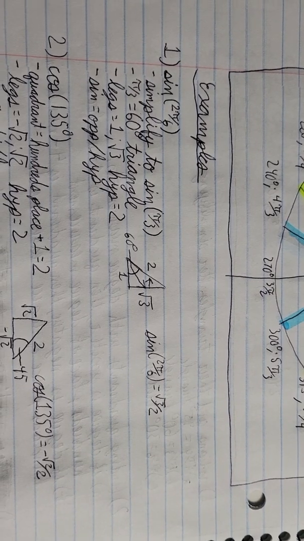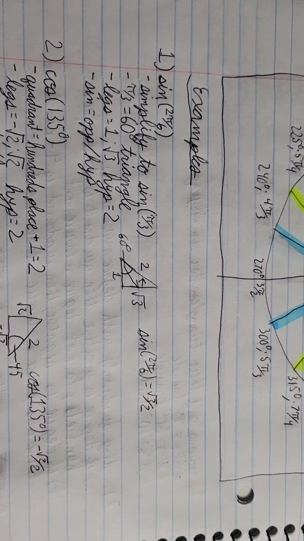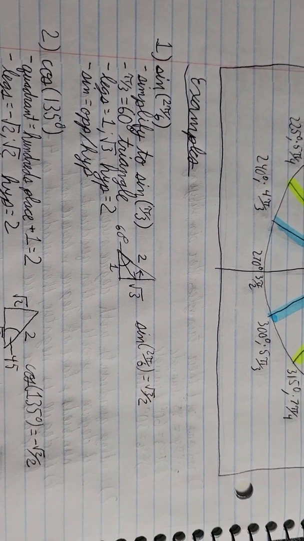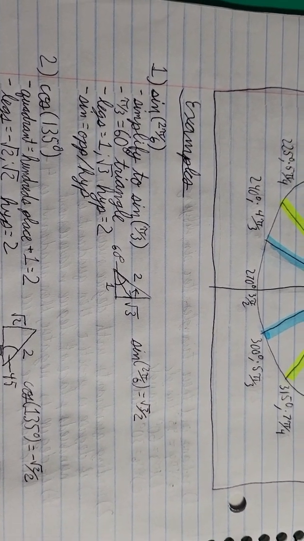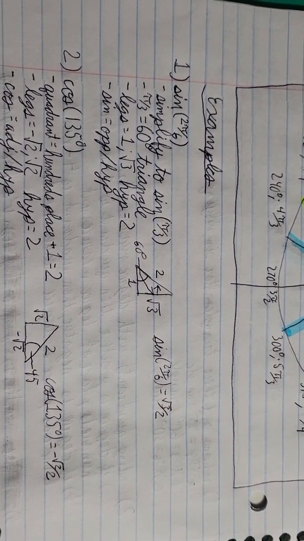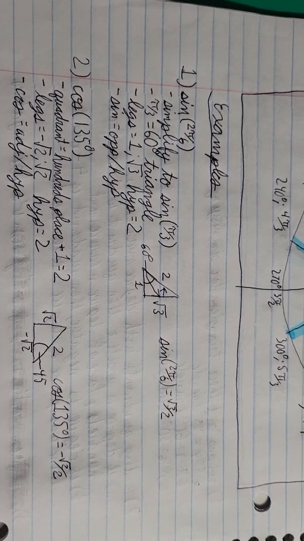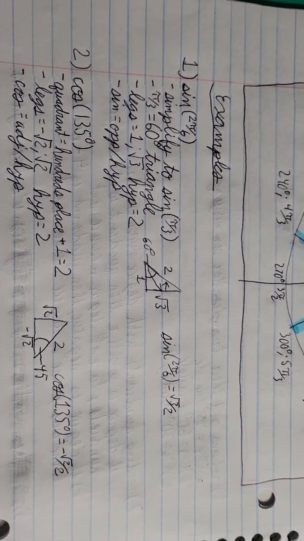And because we know it's a 45-degree angle, our legs are going to be negative square root of 2 because it's in quadrant 2, along with positive square root of 2, and the hypotenuse is going to be 2. Cosine just being adjacent over hypotenuse gives us an answer of negative square root of 2 over 2.